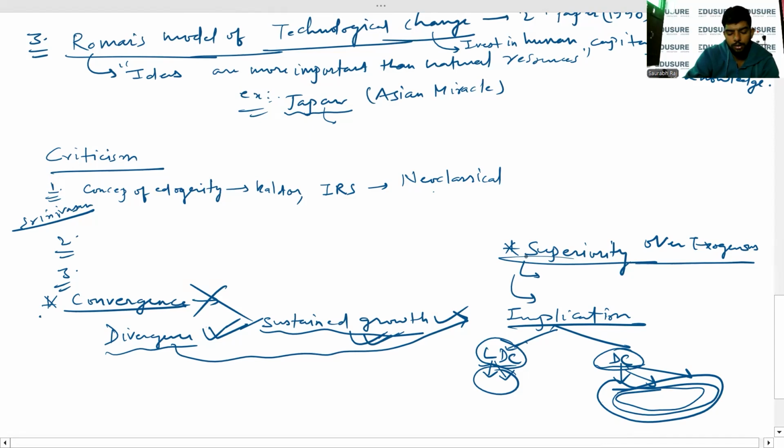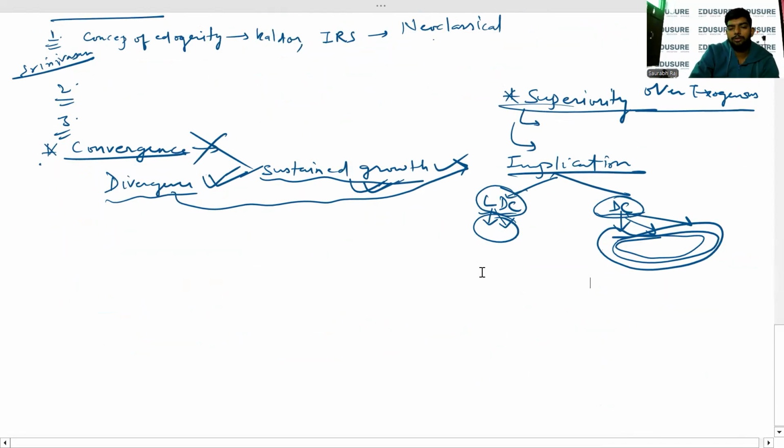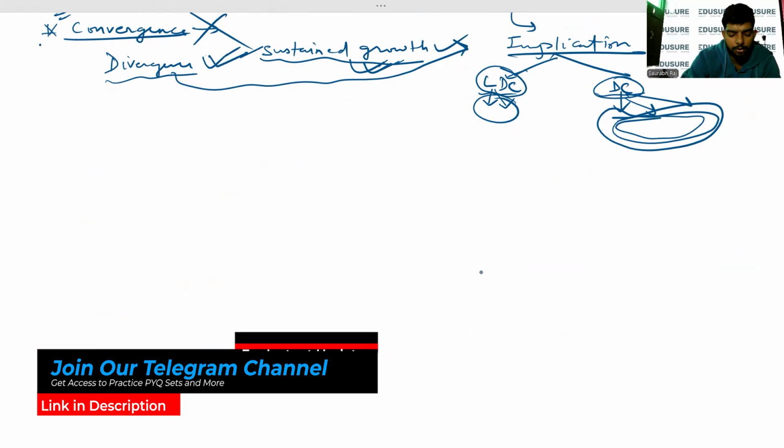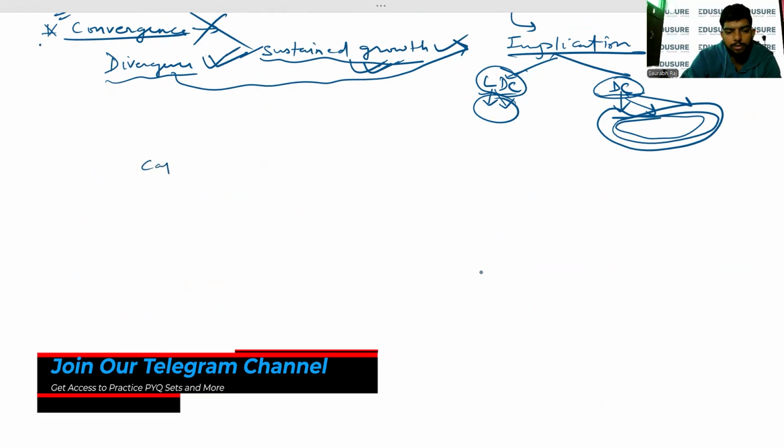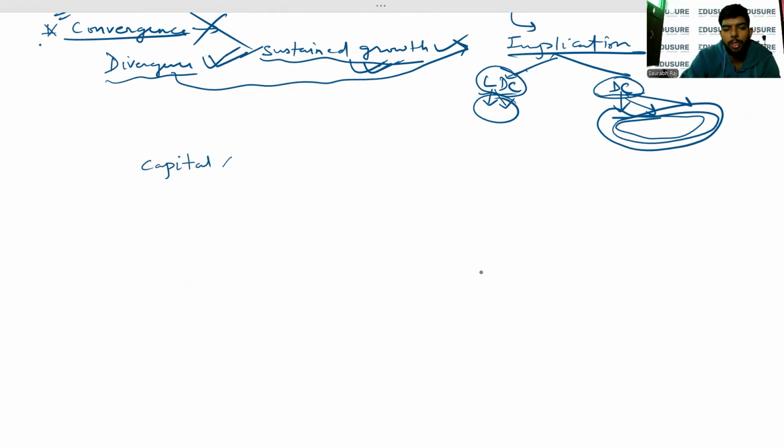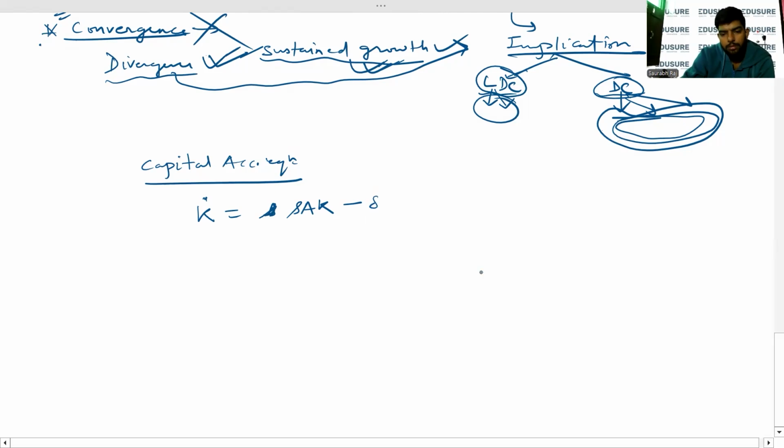Okay. And last for this, one more thing which is important, that is the capital accumulation equation, which is a contrasting feature to the Solow model. Capital accumulation equation: change in capital stock will be equal to saving, because saving is equal to investment.